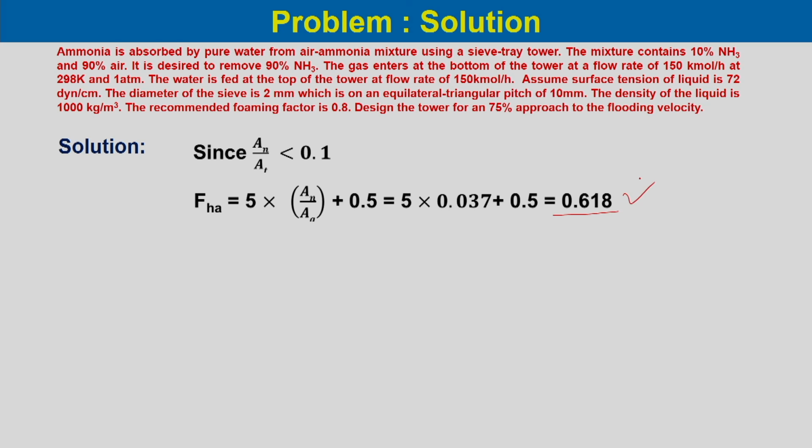So, FHA we can calculate, and then FST would be equal to sigma L divided by 20 to the power 0.2. Sigma L, which is given here, is taken as 80 dynes per second. So, 80 divided by 20 to the power 0.2 is equal to 1.92.